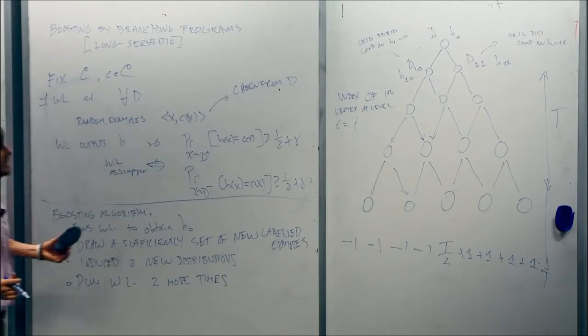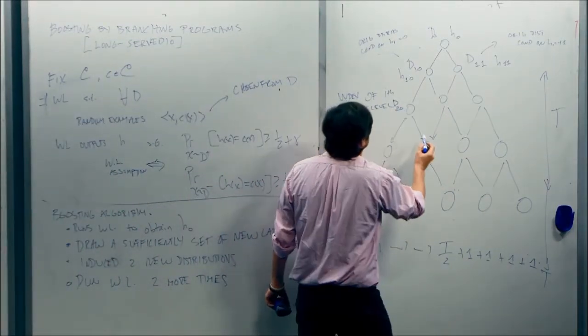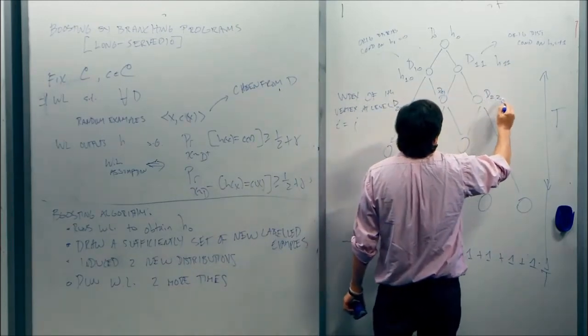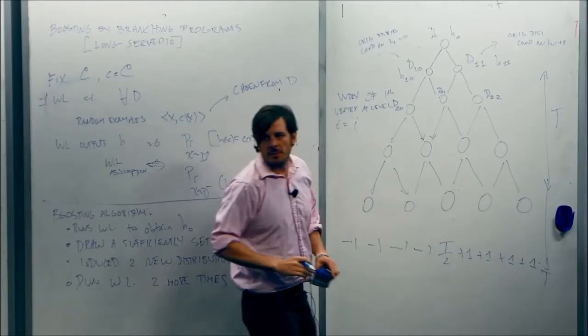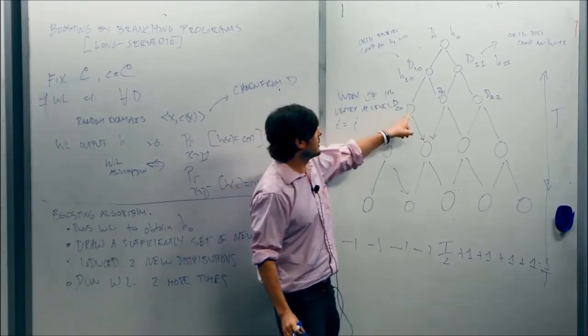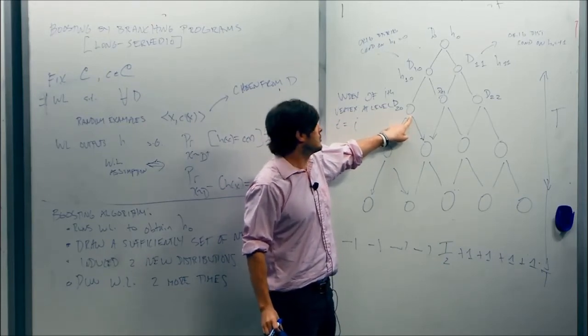And then I'm going to continue. Here I will have distribution D20, distribution D21, distribution D22. So I'll draw a new sequence of examples and look at all of the examples that end up here. That's some new distribution D20.